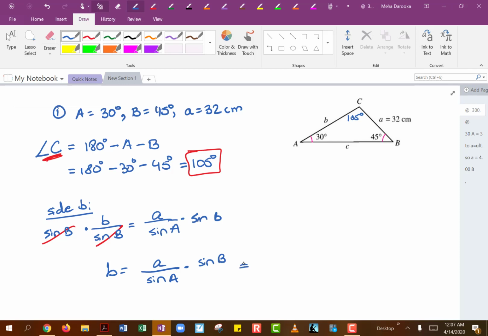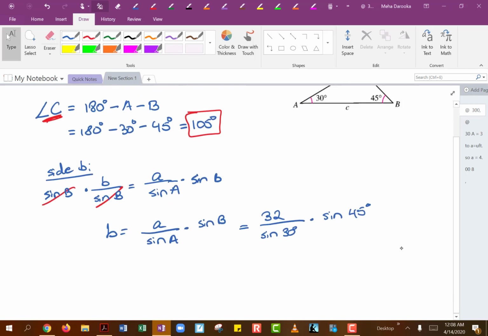We are given side a as 32 centimeters. Our angle A is 30 degrees. And then we're multiplying this by sine of B. Angle B is 45 degrees. So again, you can use your unit circle to help you out here.